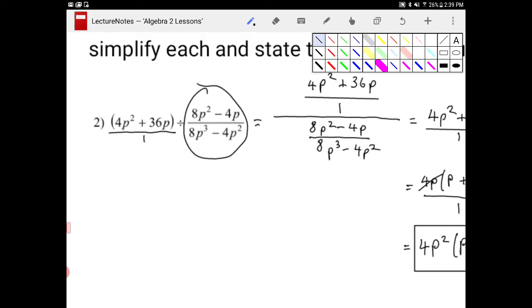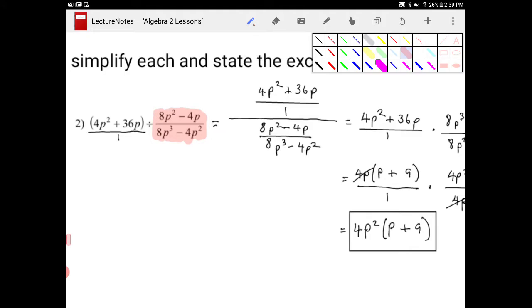But remember, the denominator cannot go to 0. This overall fraction is being divided into 4p squared plus 36p, so that fraction is in the denominator.